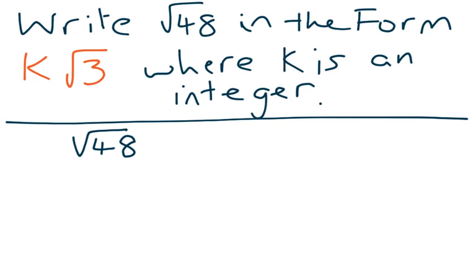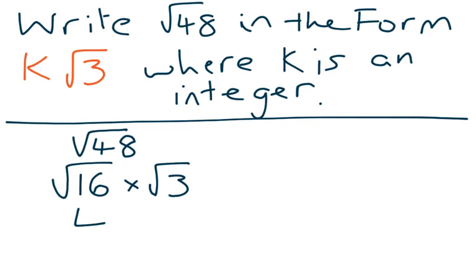Now we said before, it's always better to find a square number and the largest square number that we can. So what is the largest square number that will divide into 48? Well, I think it's 16. So I'm going to say 16 times 3. 16 is a factor of 48. And now I recognise 16 as a square number, and the square root of 16 is actually 4.